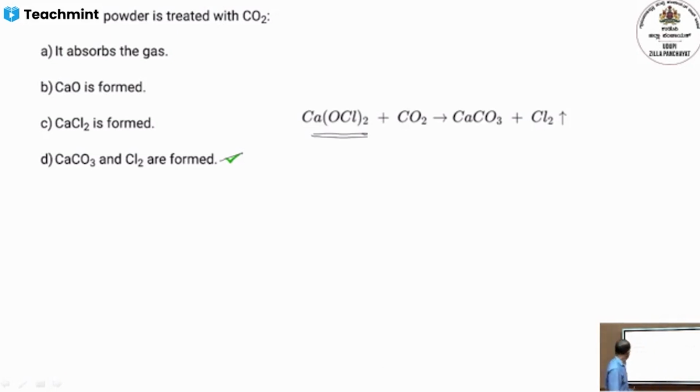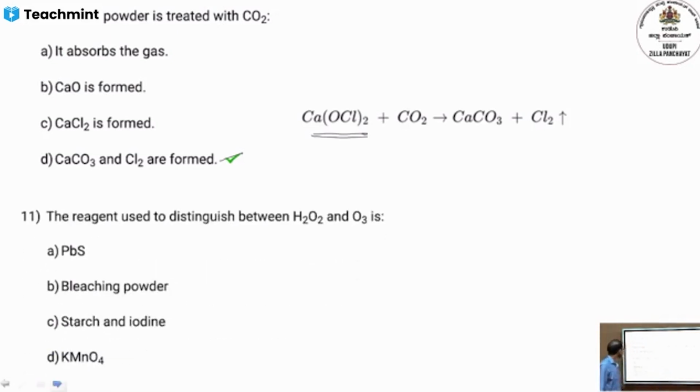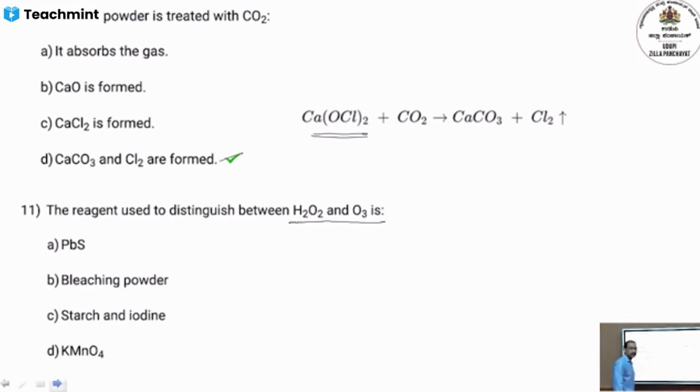And the next one is the reagent which is used to distinguish between H2O2 and O3, hydrogen peroxide and ozone. Whether it is BBS, whether it is bleaching powder, whether it is starch and iodine, or whether it is KMnO4.